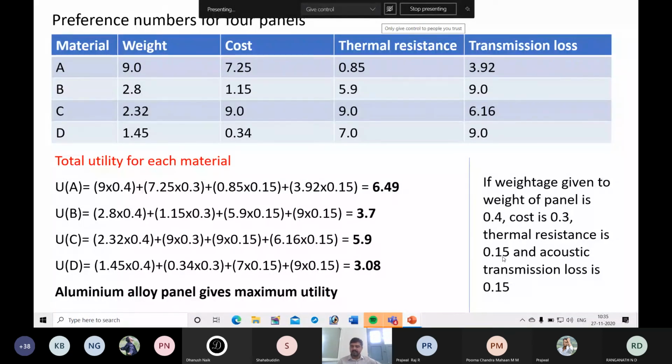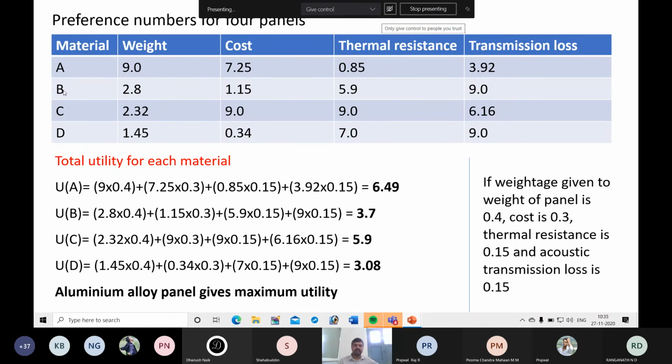Thermal resistance 0.15, acoustic transmission 0.15. That's why 9 into 0.4 plus next cost 7.25 into its weightage 0.3. Next thermal resistance 0.85, that is the utility or preference number into weightage. Next utility or preference number into weightage. So you will get overall utility of material, that is aluminum alloy.